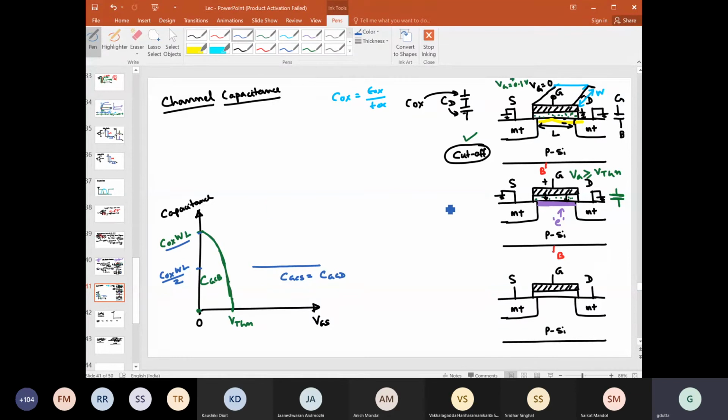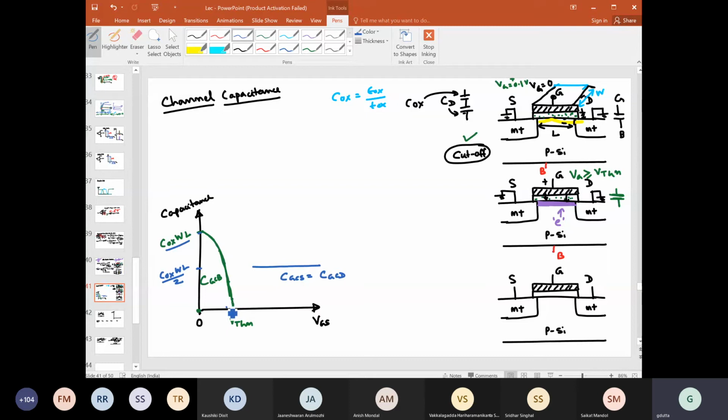Where also some channel is formed, but the channel is not that strong. I mean, the concentration of electrons in the channel is a bit less compared to strong inversion, right? So weak inversion has already started before this threshold voltage, right?